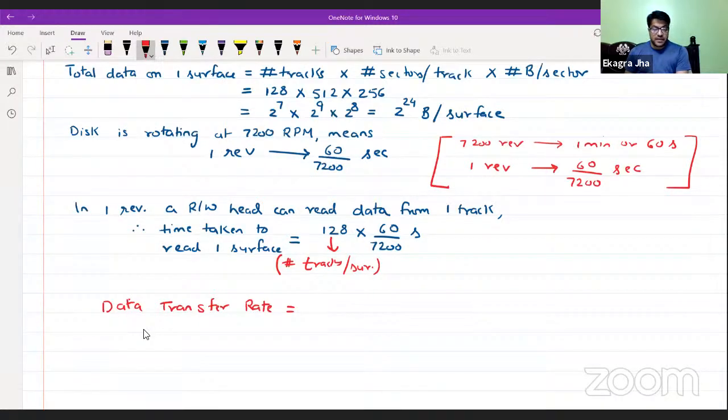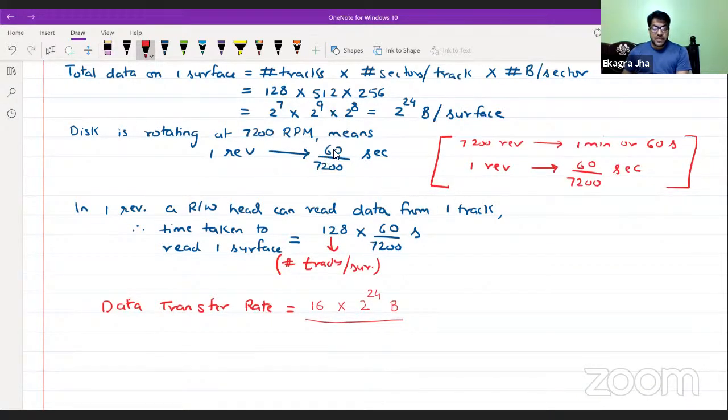So we have 8 platters, hence there are 16 surfaces, multiplied by the total data on a surface. The total data on a surface is 2 to the power 24 bytes per surface, divided by the total time taken to transfer data.